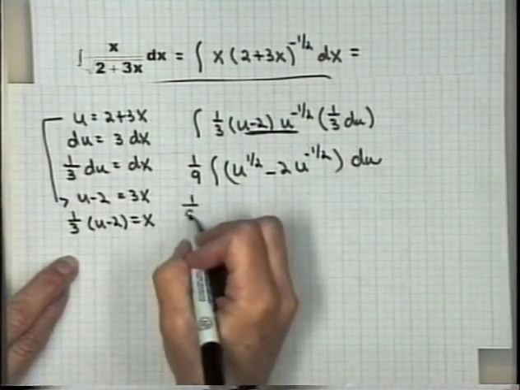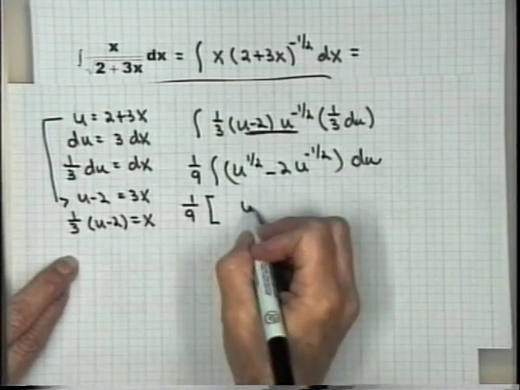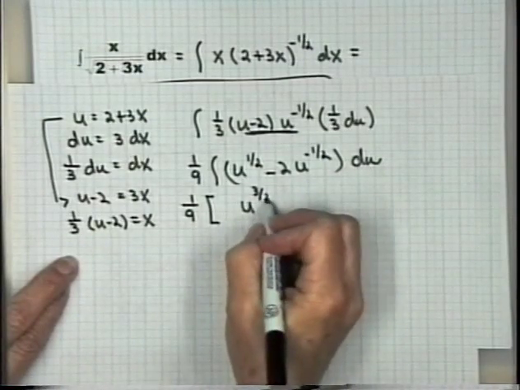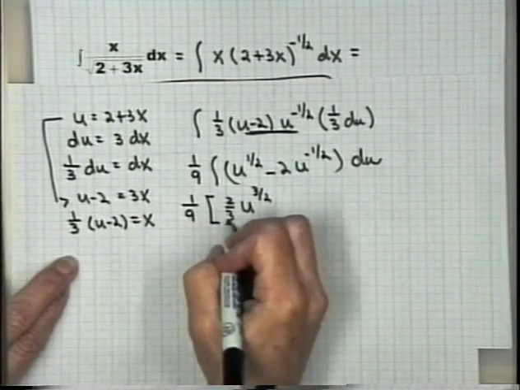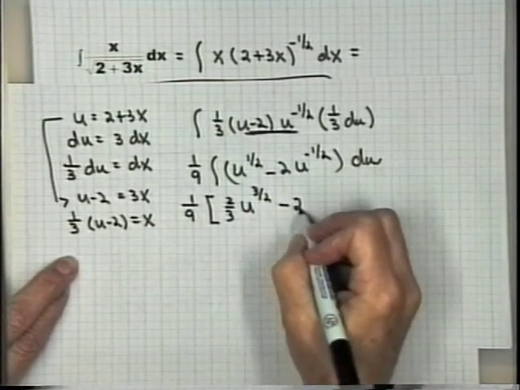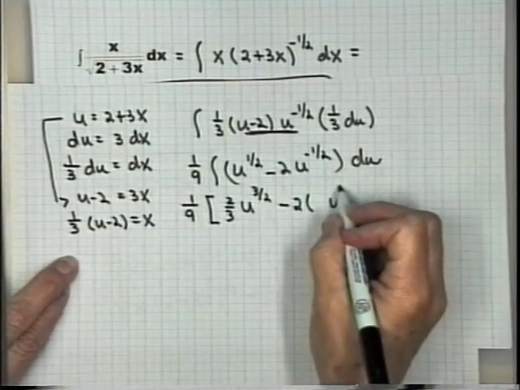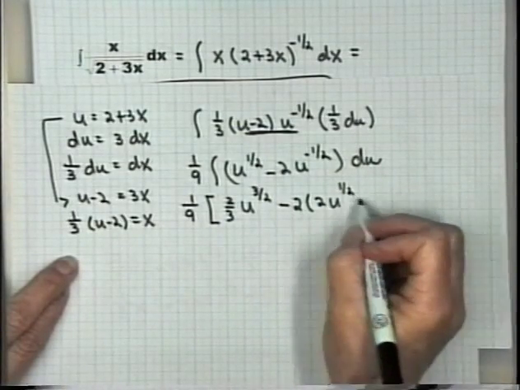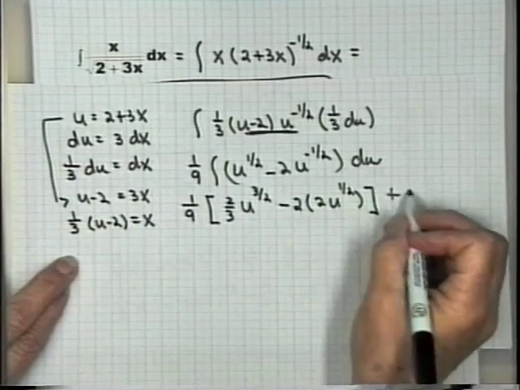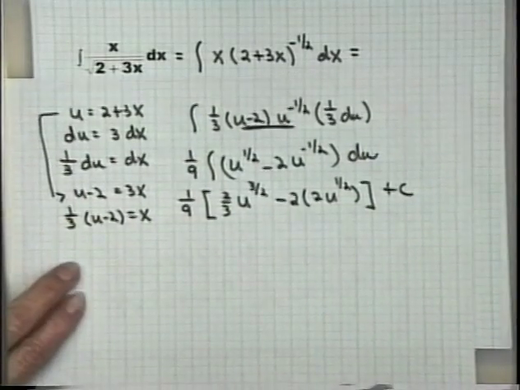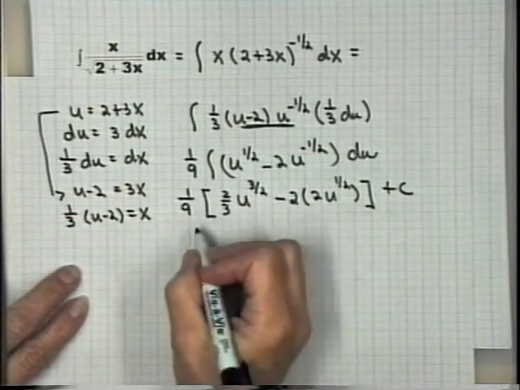Let's find the antiderivative. We'll bring down the 1/9. u will go up to the 3/2, which places a 2/3 in front. We'll bring down the minus 2. u will go up to a positive 1/2, which puts a 2 in front. And then we have our plus c. Now we're going to multiply our coefficients and substitute back in.